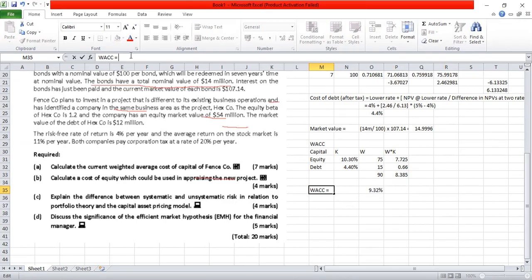So total cost is 8.385 divided by 90, which is equal to 9.32%.